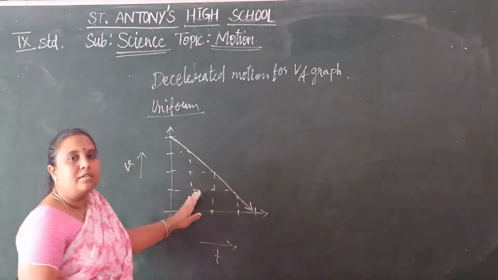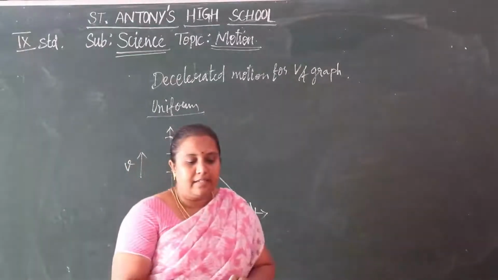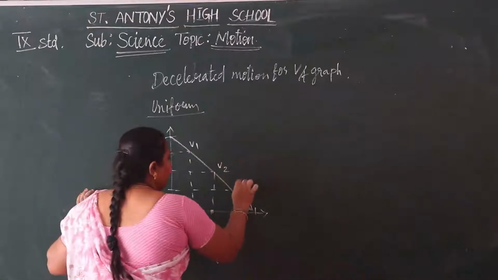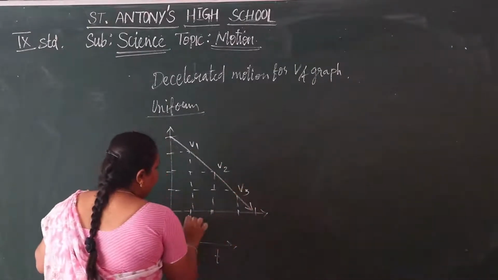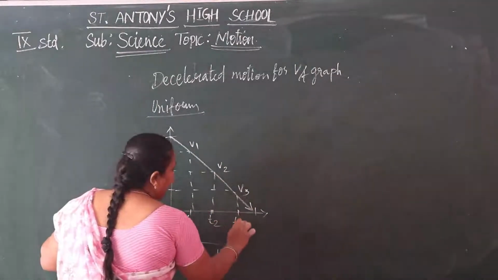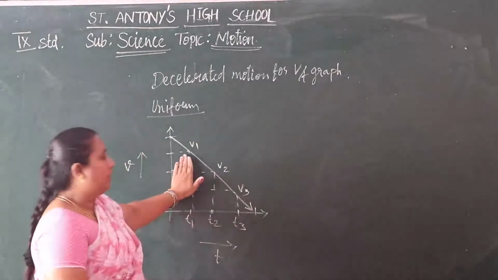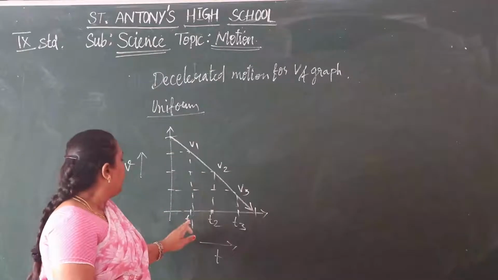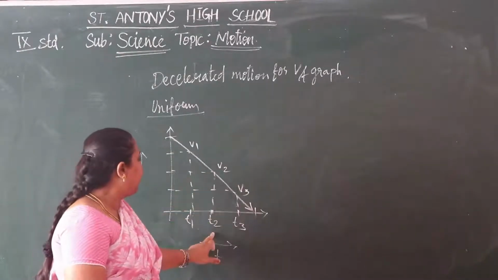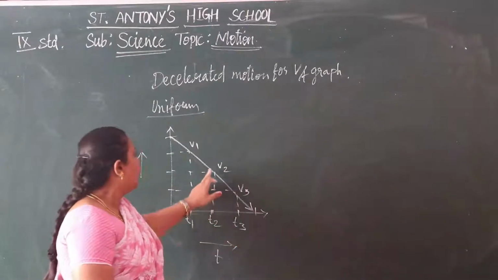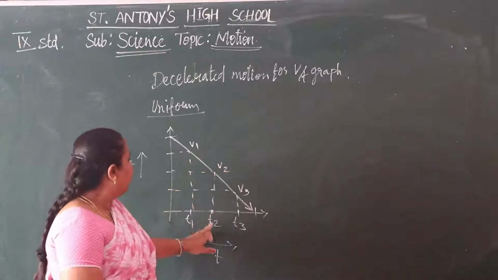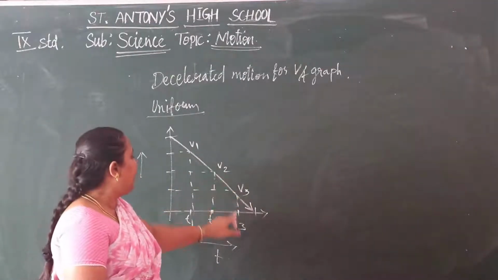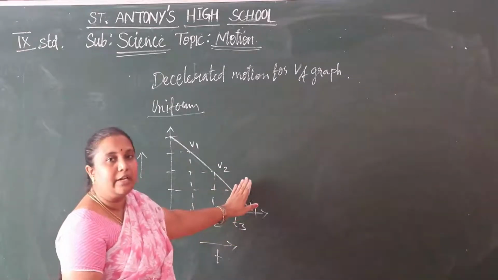So V1, V2, V3 decrease. See this is V1, V2 and V3. Here A1 means acceleration: V1 and T1, V2 and T2, V3 and T3. (V2 − V1)/(T2 − T1) is A1, and (V3 − V2)/(T3 − T2) is A2.